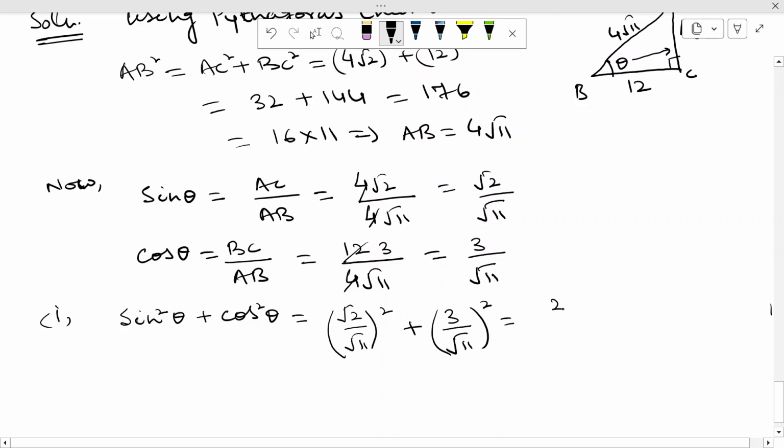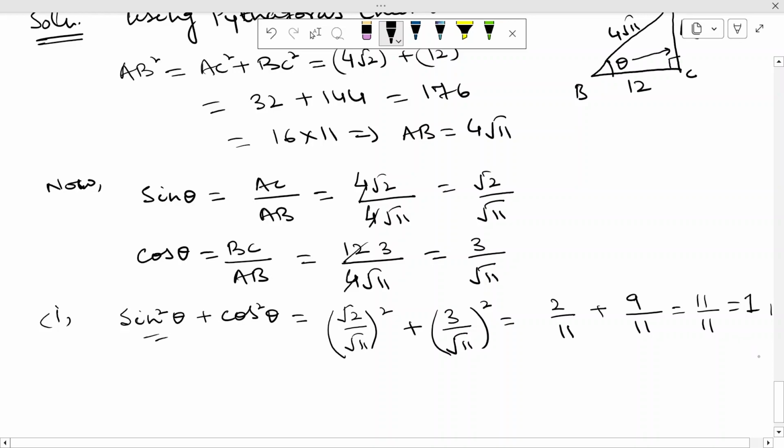So this is coming out as 2 by 11 plus 9 by 11, because the square of 3 is 9 and the square of root 11 is 11. When you take the LCM, this is coming out as 11 over 11, which is 1. So this is our first part.